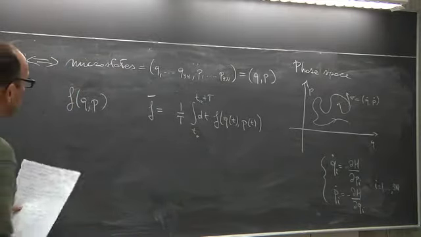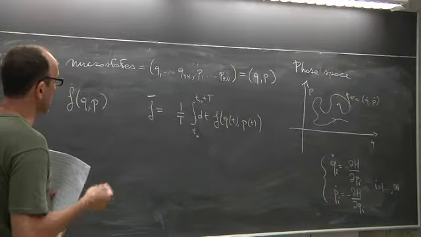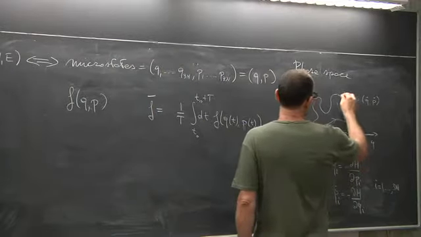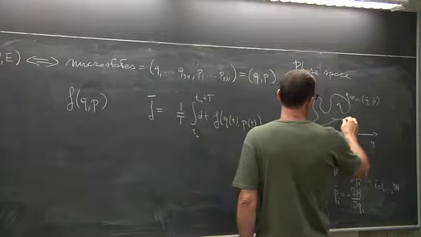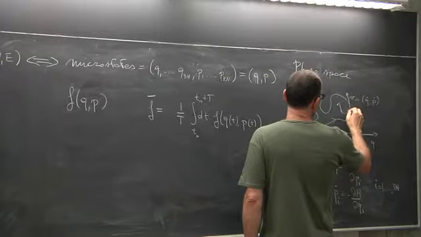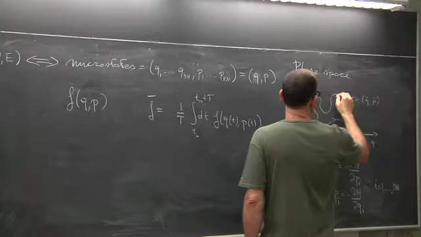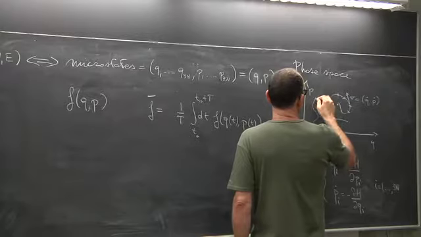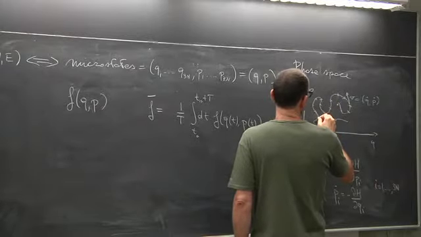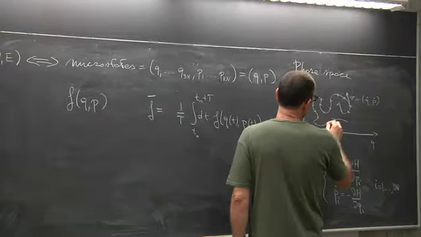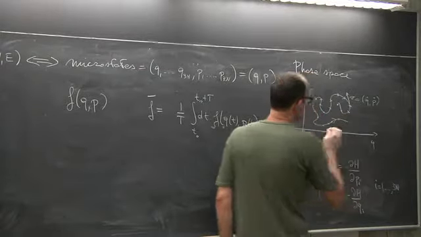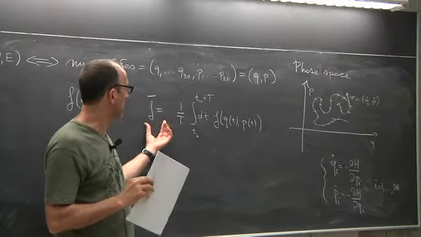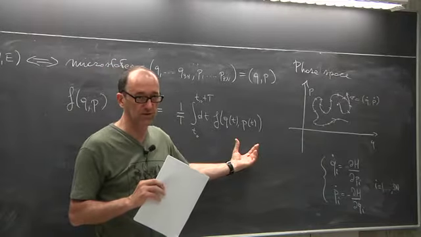So another idea is to instead use the concept of ensembles. As the system moves around in phase space, it visits many points, and essentially what you want to do is to make averages over all these points, okay?